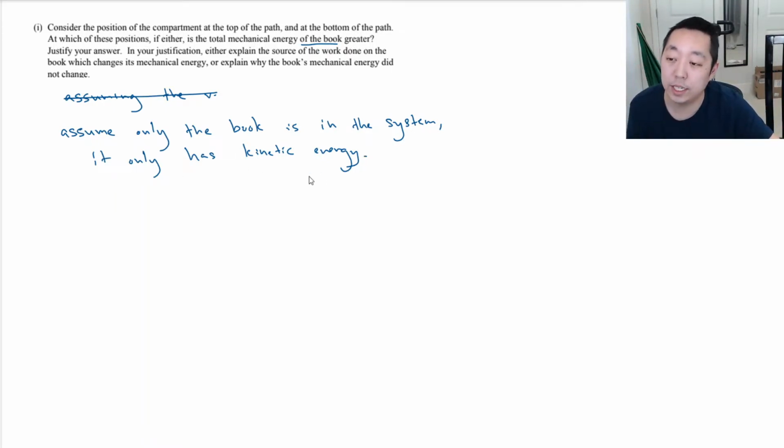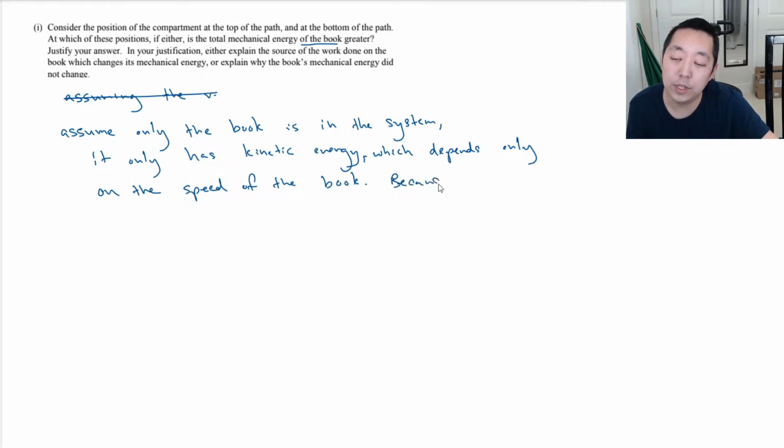Kinetic energy depends only on the speed of the object, the book.